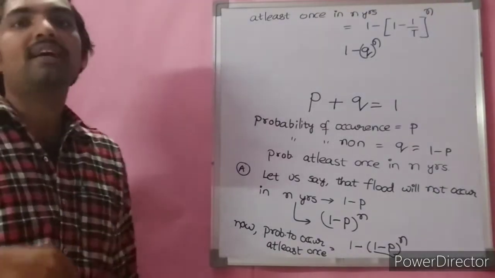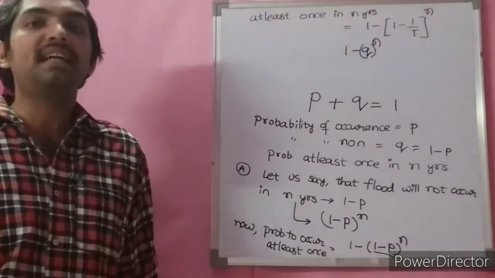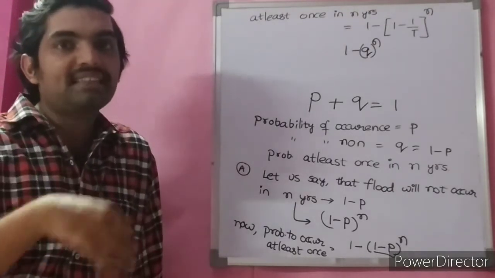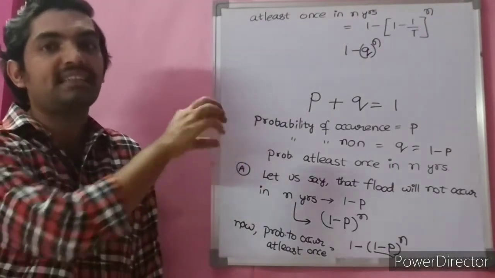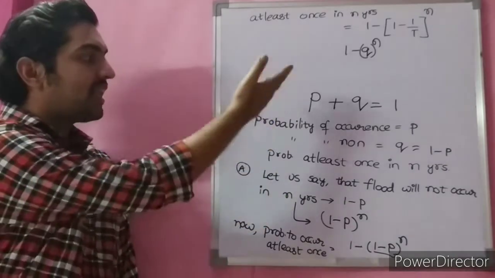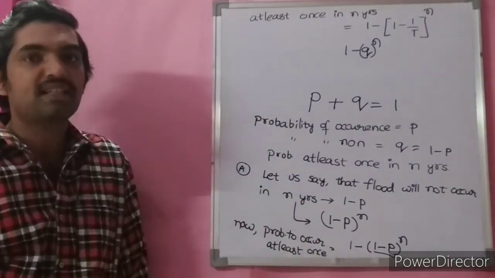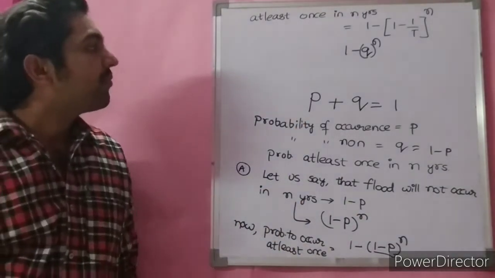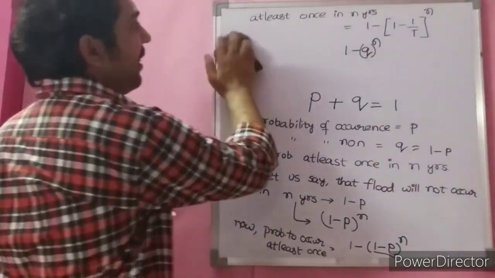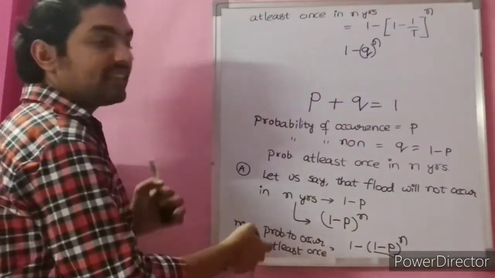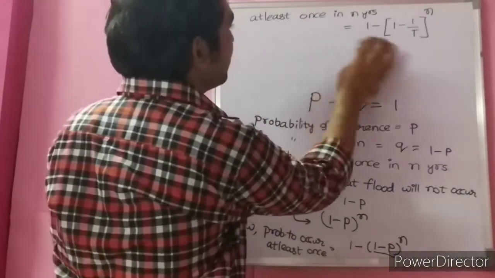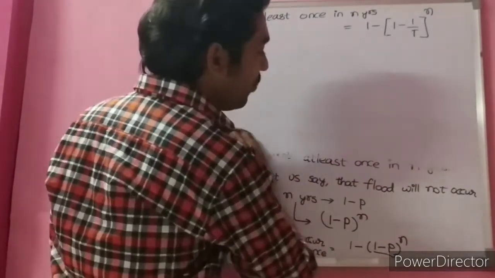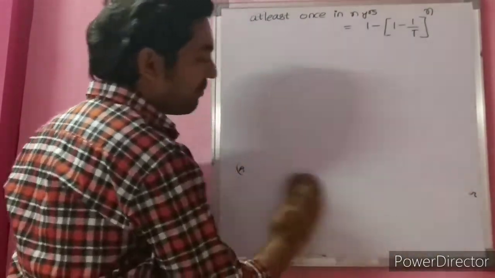That's why we saw in the first class that engineering hydrology is an allied subject that introduces statistics also. So this is nothing but probability and statistics applications. This is the probability of occurrence of a flood at least once in n years: 1 minus q whole power n. Very, very important concept.